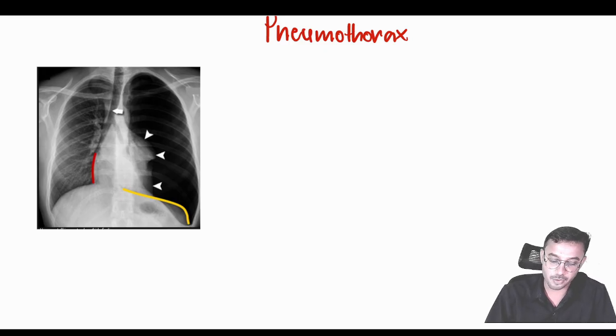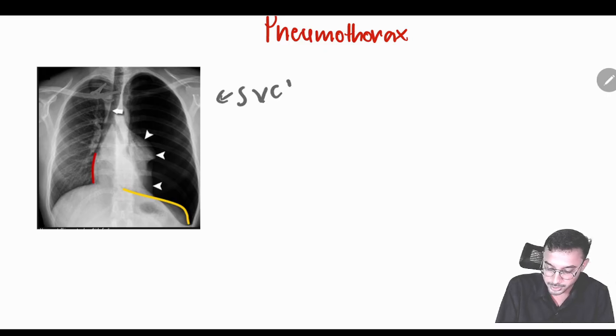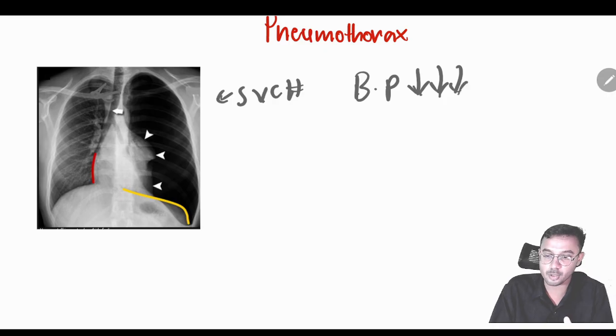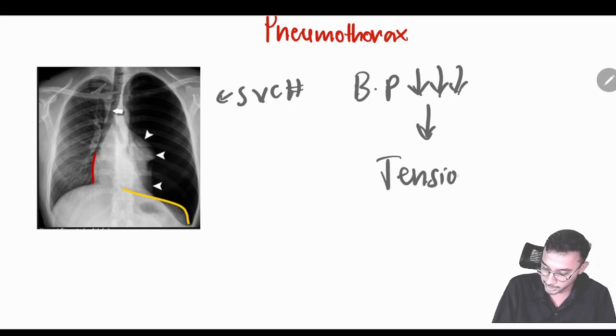That leads to a shift of the trachea to the opposite side, and it will also compress the superior vena cava, the SVC will get compressed. So if you check the BP of this patient, it will be very low. If the BP is very low, then that pneumothorax is called tension pneumothorax.